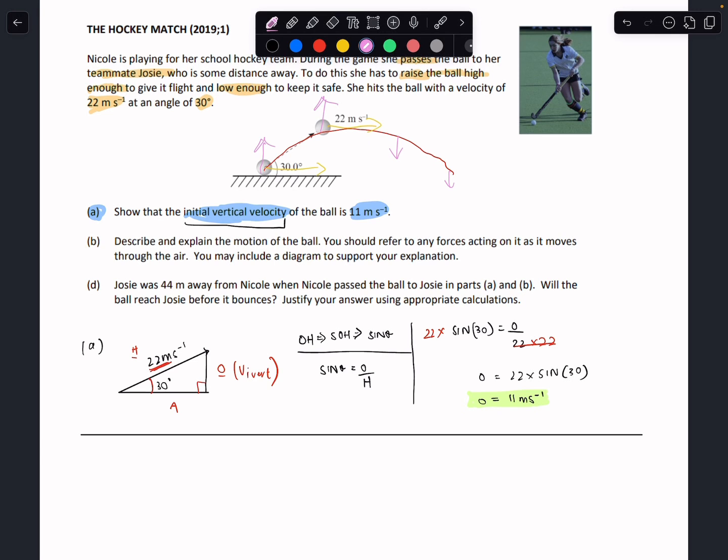As the ball is going up, gravity is working against this motion, this velocity, and pulling the ball down, which is why at the topmost point we reach equilibrium. There is no vertical velocity at the peak of this projectile motion.